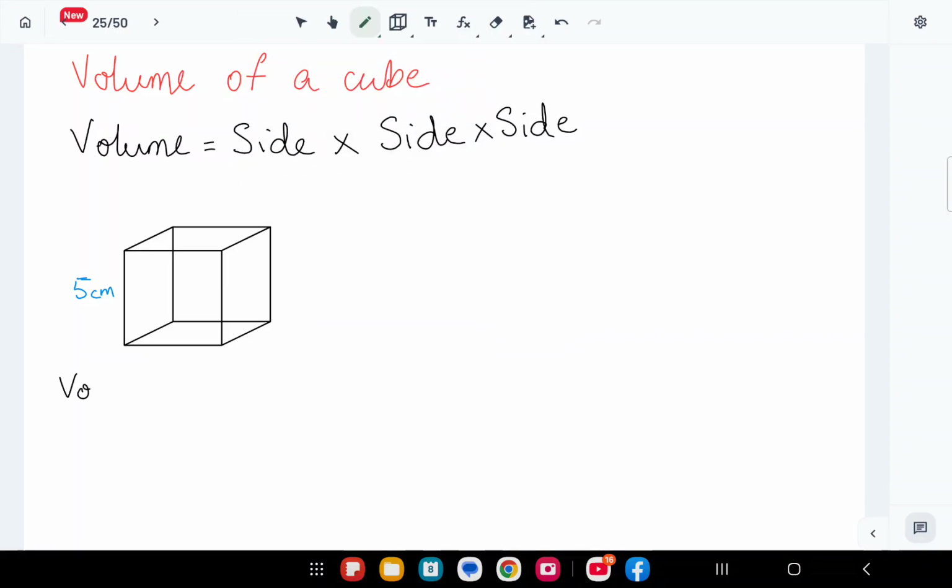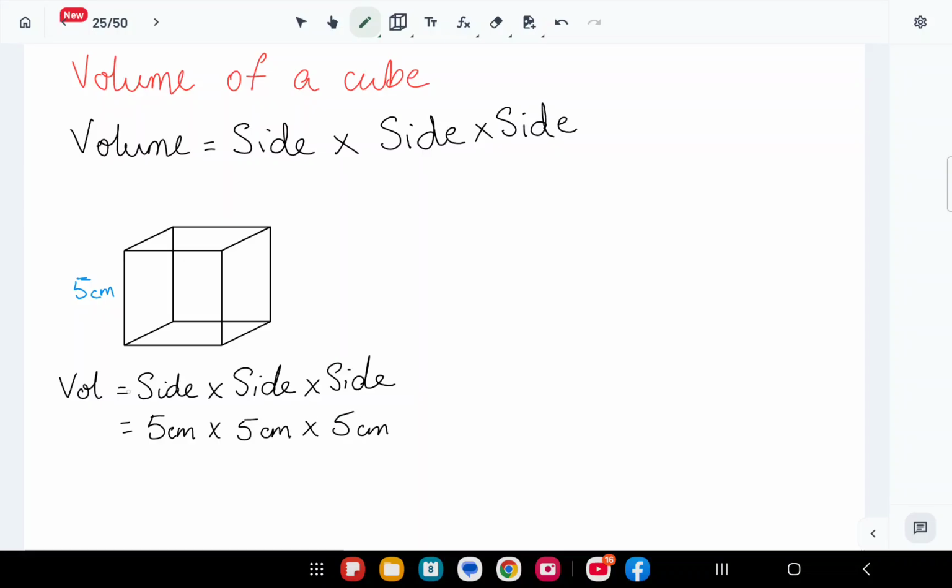So volume is equal to side multiplied by side multiplied by side, which is equal to 5 centimeters multiplied by 5 centimeters multiplied by 5 centimeters. So 5 multiplied by 5 is 25, multiplied by 5 is 125 centimeters cubed.